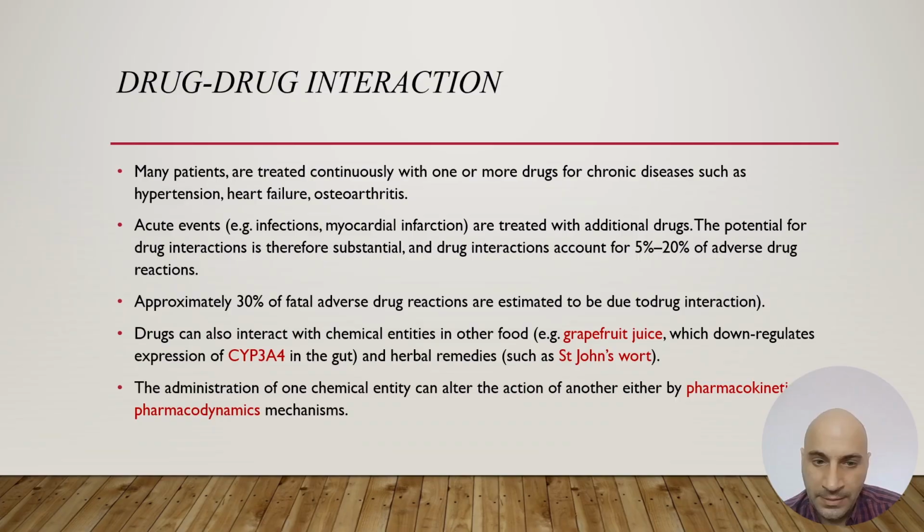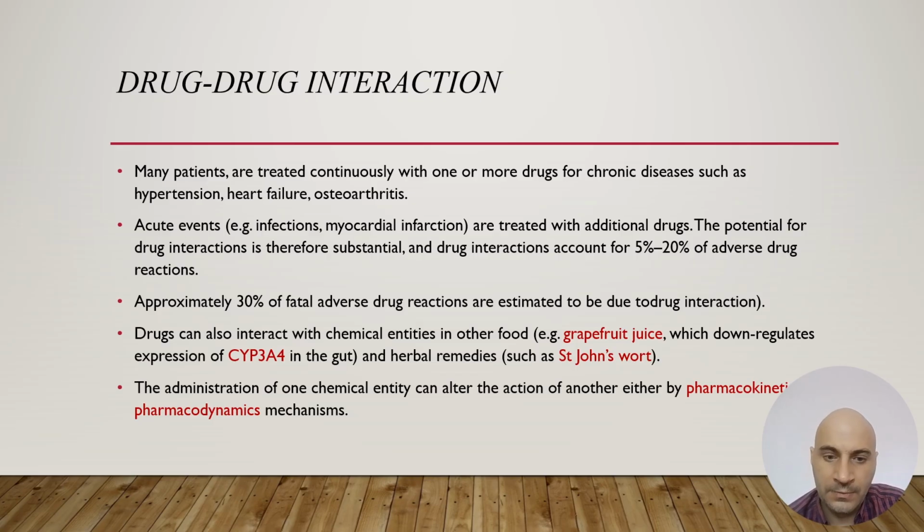Approximately 30% of drug reactions are estimated to be due to drug interactions. That's why systems are put in place, we call them, for example, pharmacovigilance, to report adverse drug reactions.